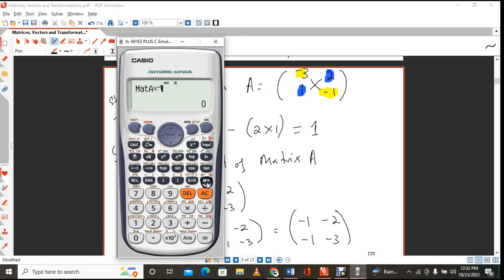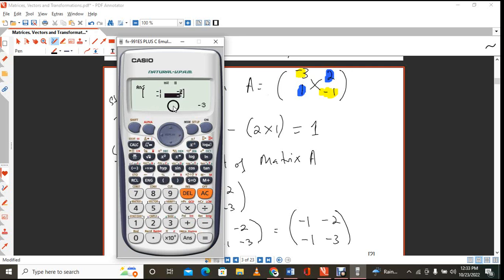Okay, so we multiply that by the inverse of matrix A. Oh, okay, matrix A, which was that, times the inverse. No, we are not timesing it with the inverse. We need to find the inverse of the matrix. My goodness. So let's see if we still have our matrix A. So we're going to start over. Matrix A, we are going to find the inverse of that matrix. Okay, there we go. So matrix A inverse, you see, is -1, then -2, -1, -3.